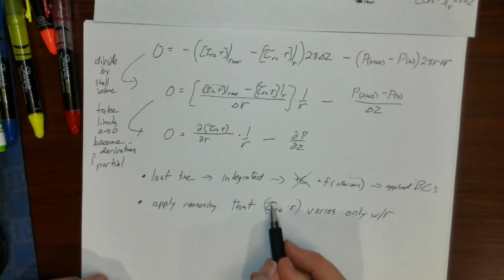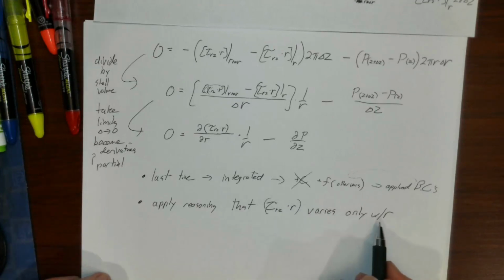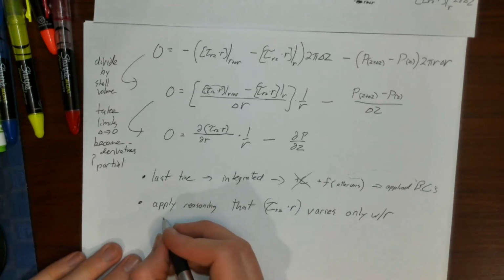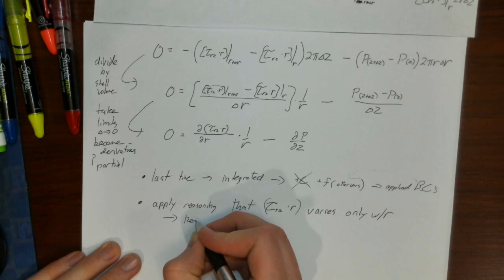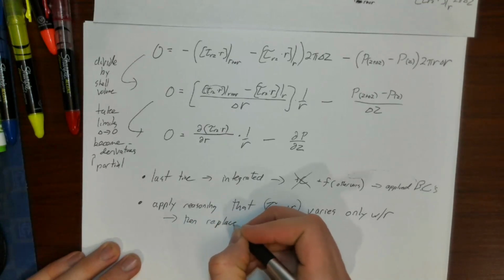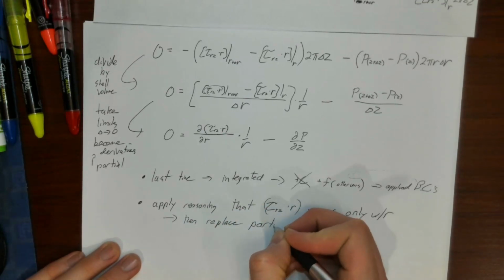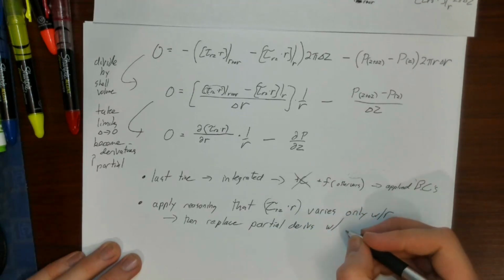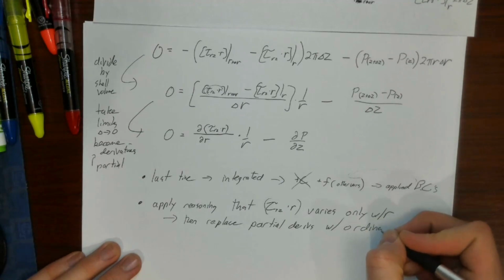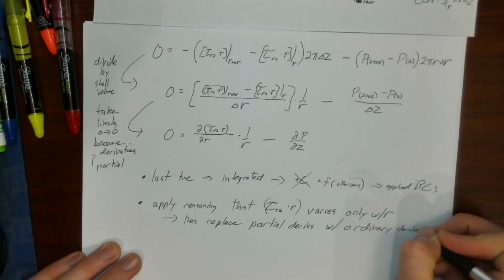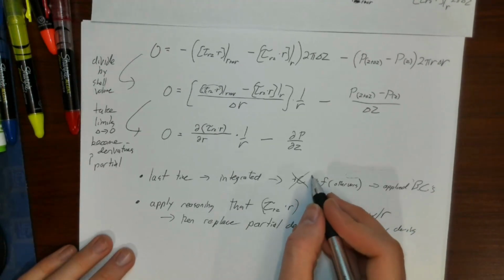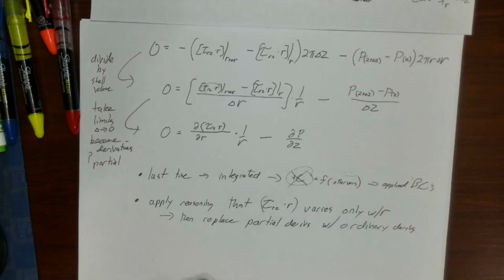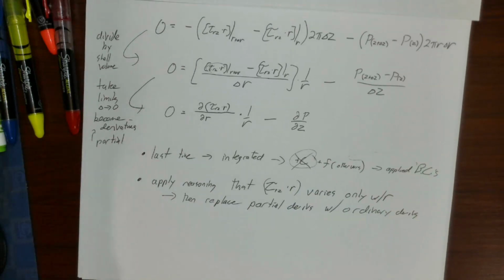If we can apply reasoning that tau rz varies only with r, then we can replace partial derivatives with ordinary derivatives. And then when we do ordinary derivatives, we will get the plus c when we integrate, and that will be a little easier to deal with.